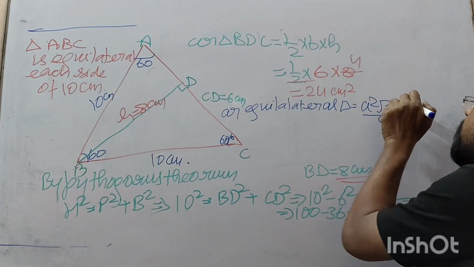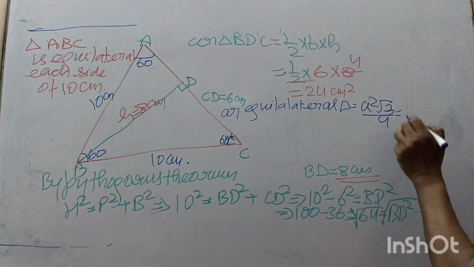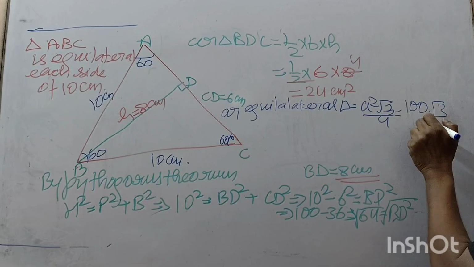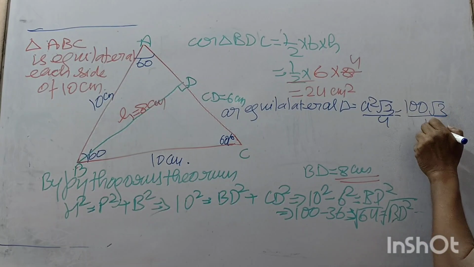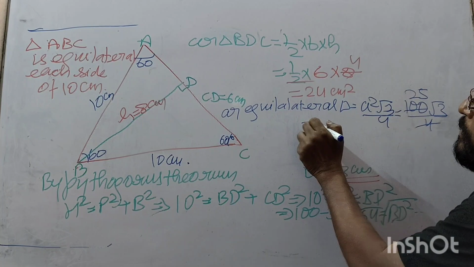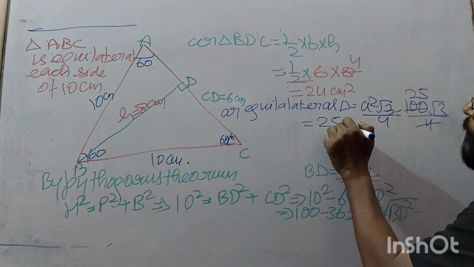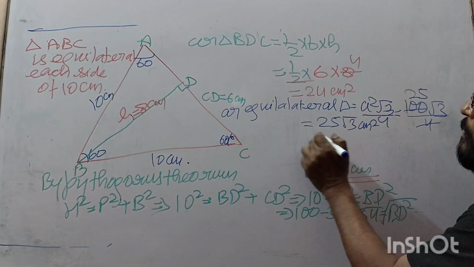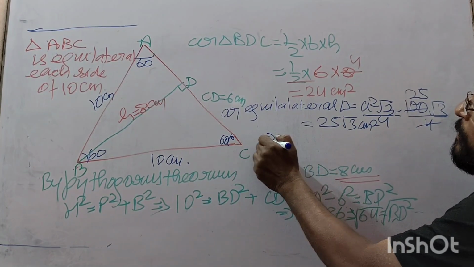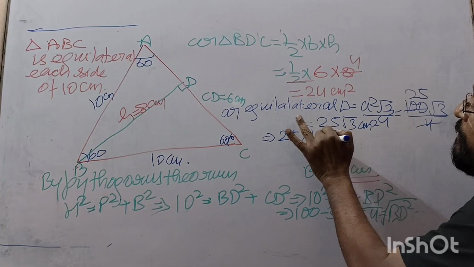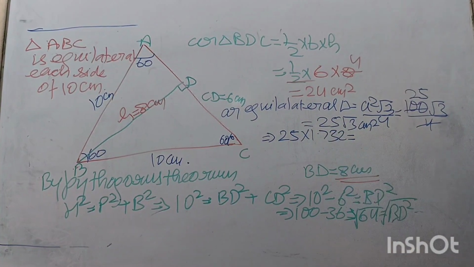So it becomes 100 root 3 upon 4. It becomes 25. So it is 25 root 3 centimeter square. So how much is it? 25 into 1.732. How much is it?